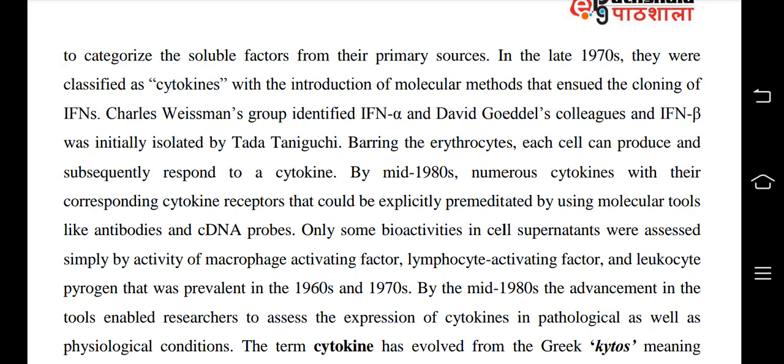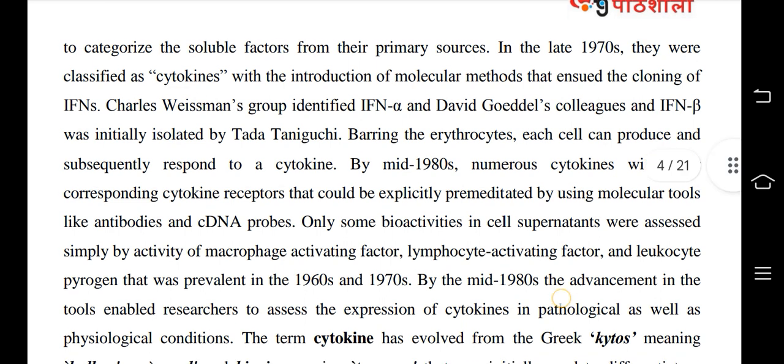Carl Weissmann's group identified IFN alpha, and IFN beta was initially isolated by Tada Taniguchi. I'm not sure about the pronunciation. Barring the erythrocytes, each cell can produce and subsequently respond to a cytokine.